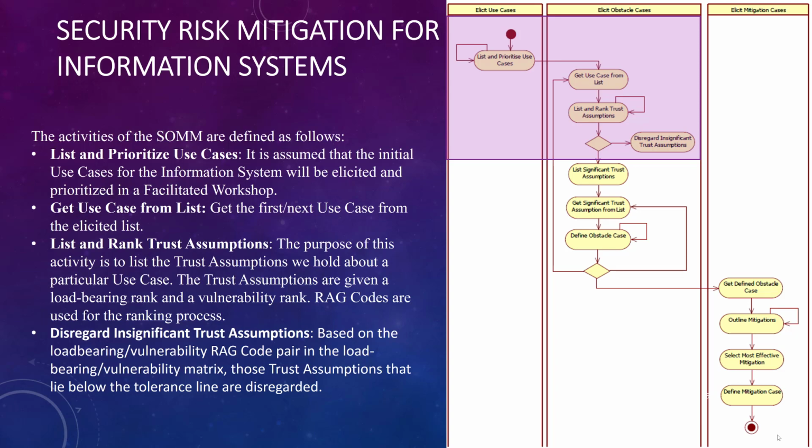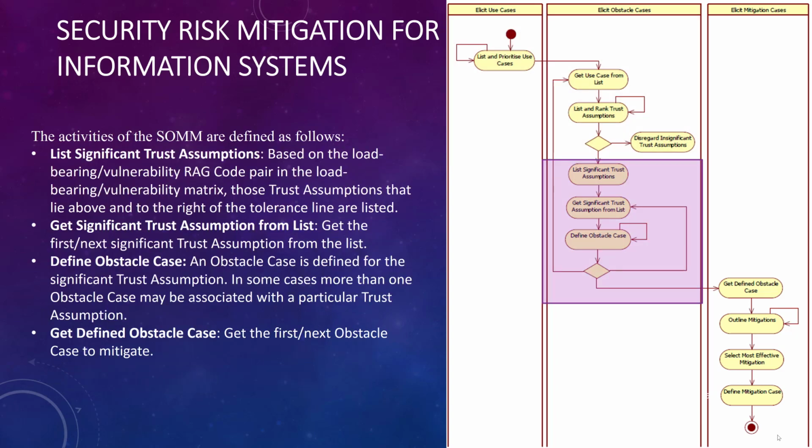And to do that from a programmatic perspective, we're going to get the use case from a list. We're going to list and rank trust assumptions associated with it. And then we're going to have some ranking mechanism to disregard what we perceive to be insignificant trust assumptions. All right, and that's all going to be based on our load-bearing and vulnerability, red, amber, green code pair associated with doing that kind of ranking.